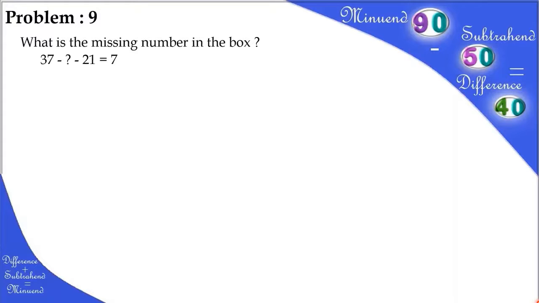Now problem number 9. What is the missing number in the box? Answer. First, we will consider the question mark as A. They have given 37 minus 21 minus A is equal to 7. First, we will subtract these two, which is 37 minus 21. 37 minus 21 is 16.